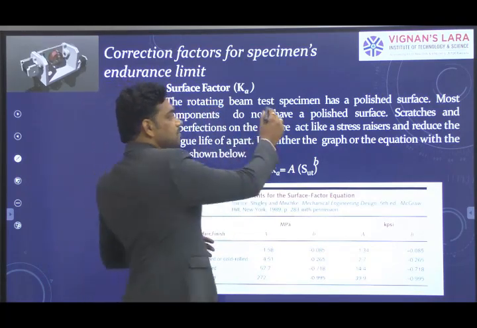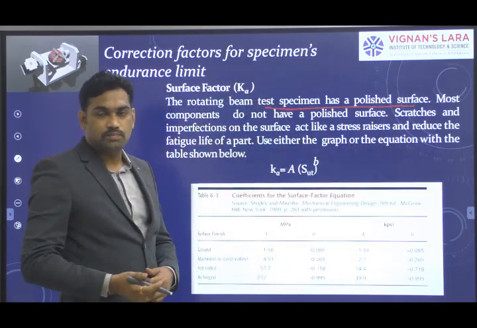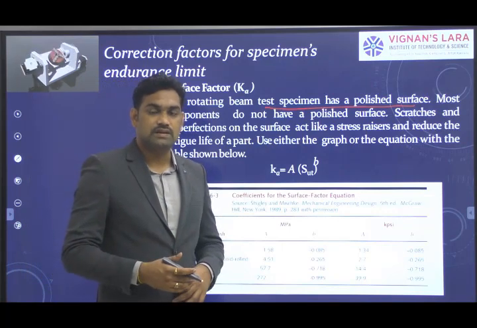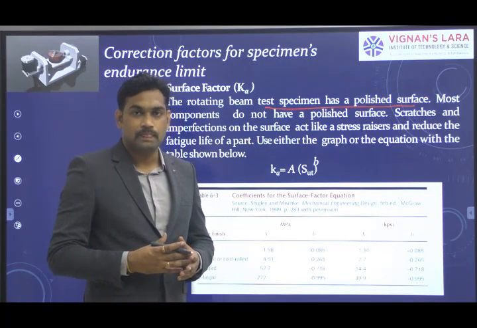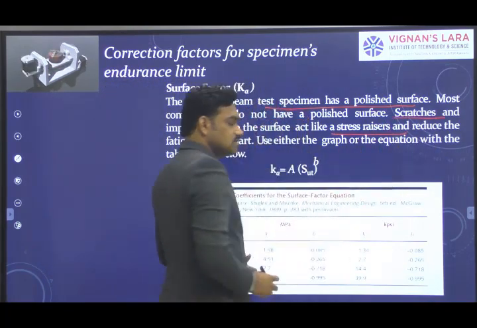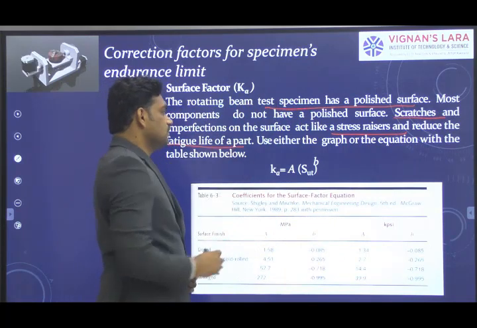The standard specimen has a polished surface, but most components do not. Whenever we reduce the polishing of the component, there is a chance of scratches or indentations, which act as stress raisers and reduce the endurance strength or fatigue life of the part.